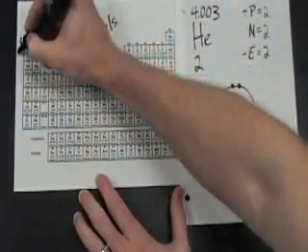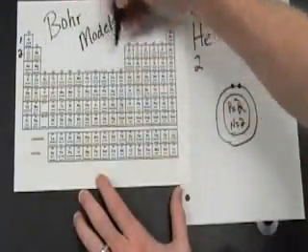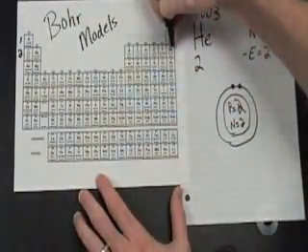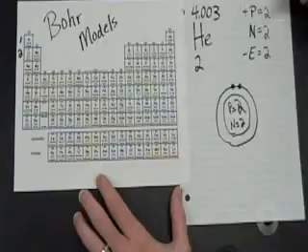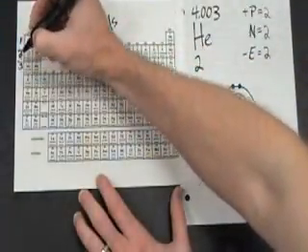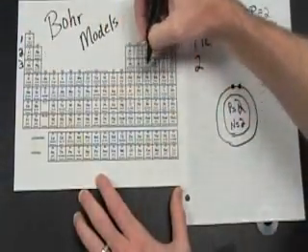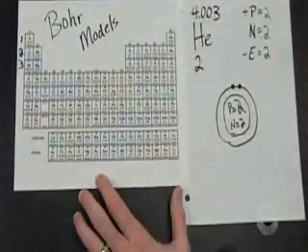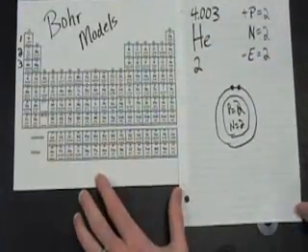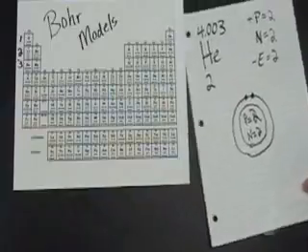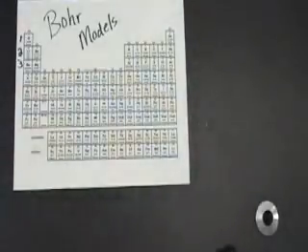You can see that the second period has 8: 1, 2, 3, 4, 5, 6, 7, 8. So it can fit 8 electrons in that shell. And the third period has 1, 2, 3, 4, 5, 6, 7, 8. That's as far as we'll go with these standard Bohr models, because after that the model starts to fall apart somewhat.